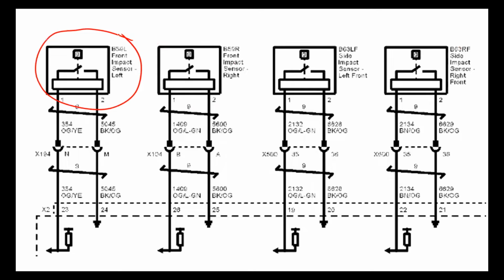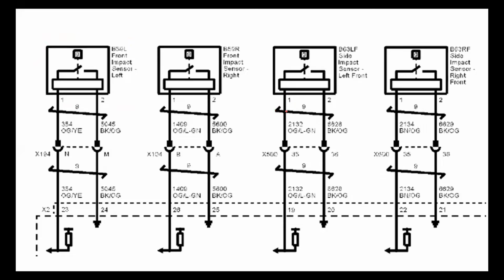I just had to take one cowl cover off with a couple of plastic clips on it to get at it. Whereas if I wanted to do the side impact sensor, I would have had to take the door panel apart. Now, obviously, I'm going to have to take the door panel apart at some point to actually fix it. But since both sensors are logging the same type of fault, I decided to do the bulk of my testing on the easiest one to get at.